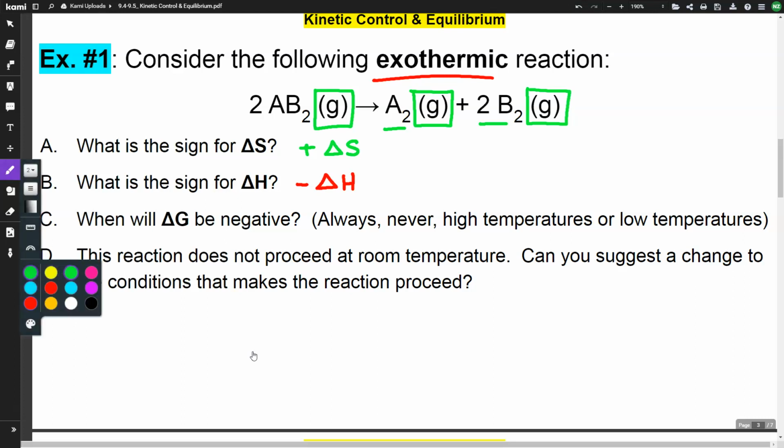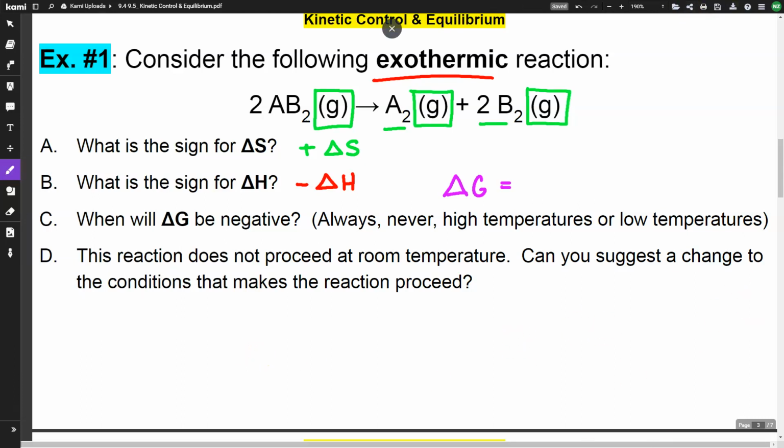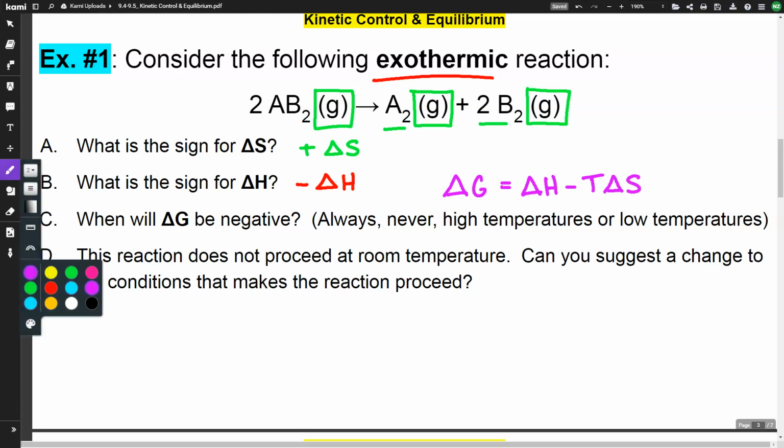When will delta G be negative? Well, let's take a look at the equation. So delta G equals, let me make sure I have the right equation here. Oh, sorry, delta H minus temperature times delta S. All right, so from our equation, delta H is negative and our delta S is positive.